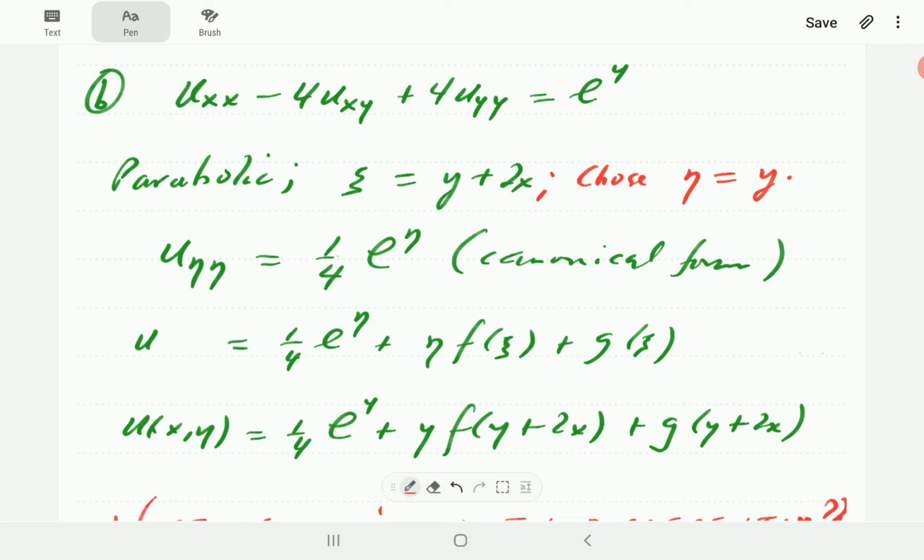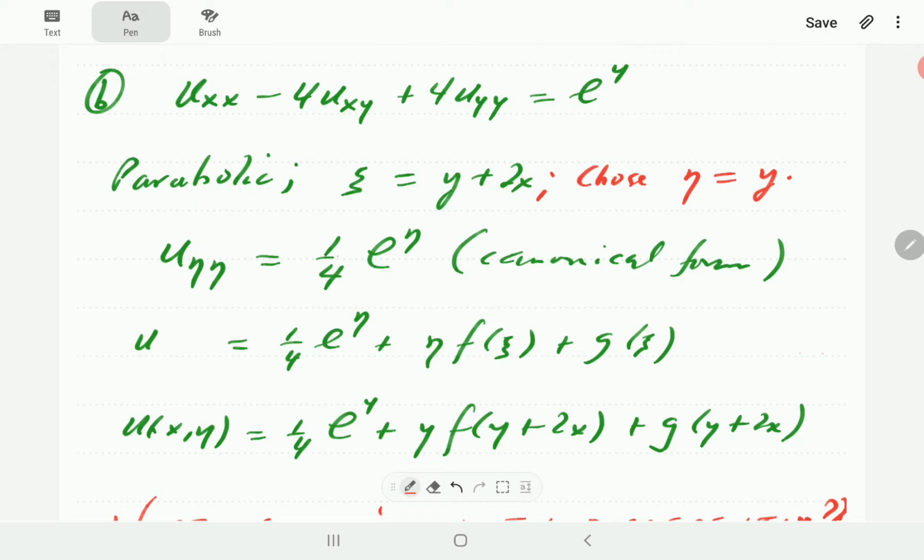Now in this video we're just going to revisit part B of the examples that we did. In part B we have this PDE here, which we classified and found that it's parabolic.